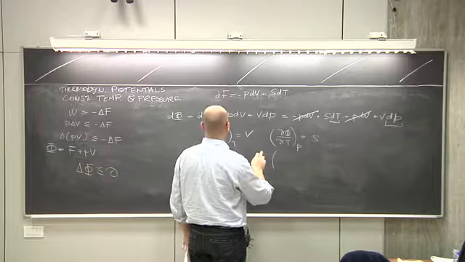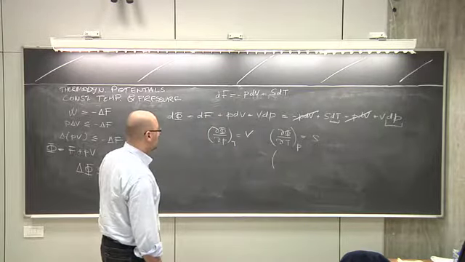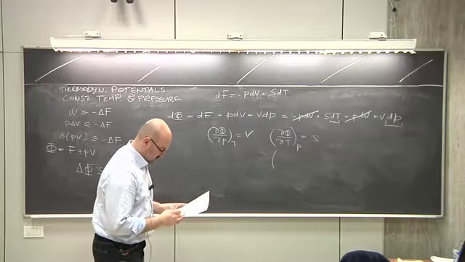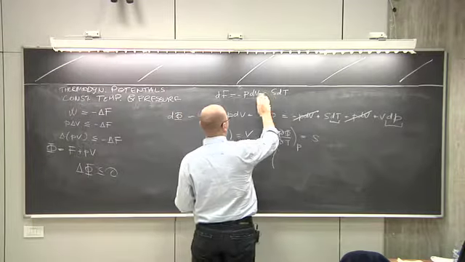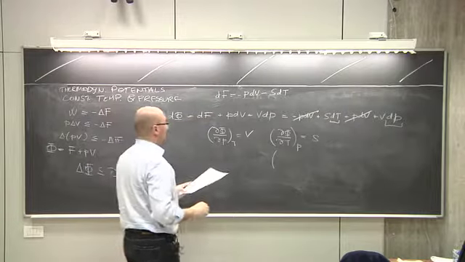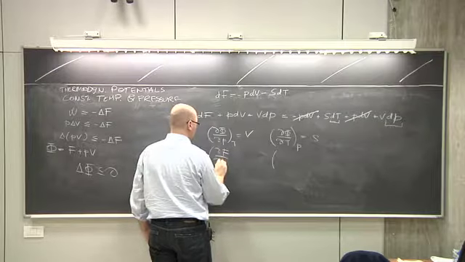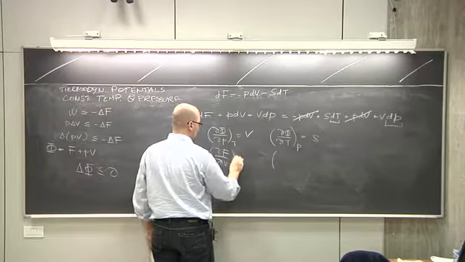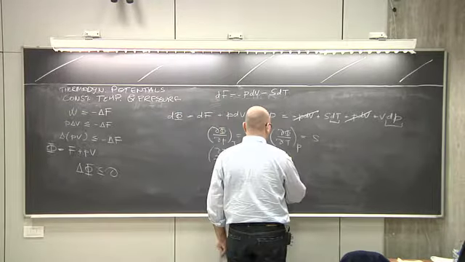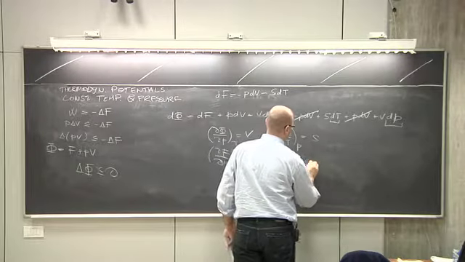What? Minus S dT, you sure? Mm-hmm. Oh, right, you're right. Minus, minus. Okay, so we had that dF by dV at constant T is equal to minus P, and dF by dT at constant V is equal to minus S.